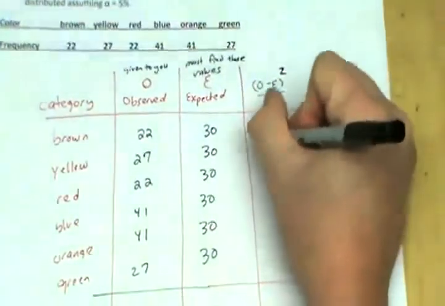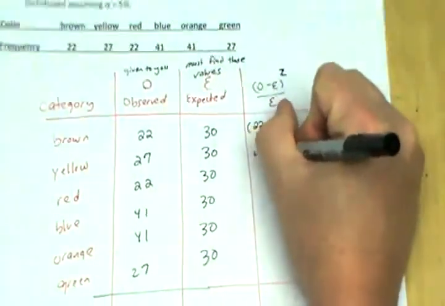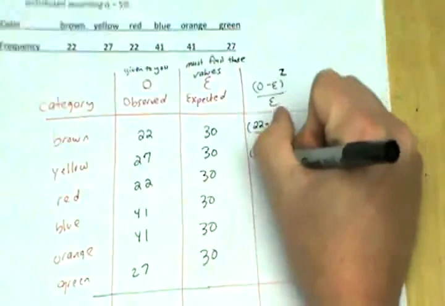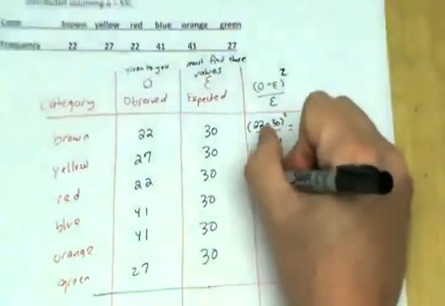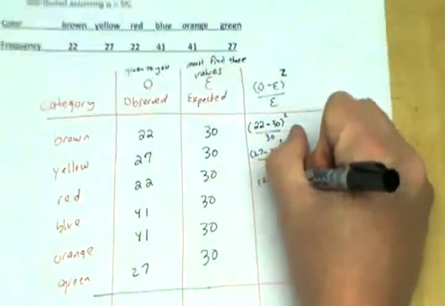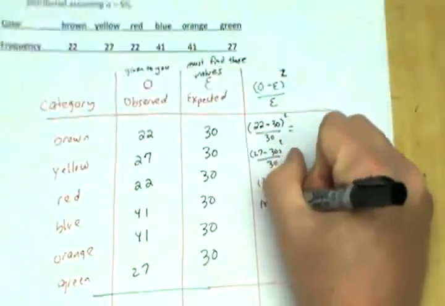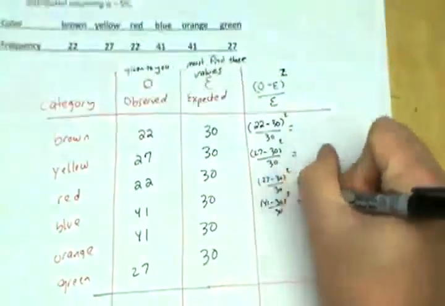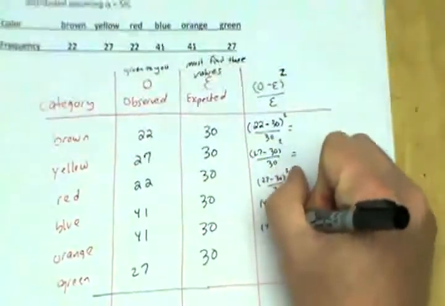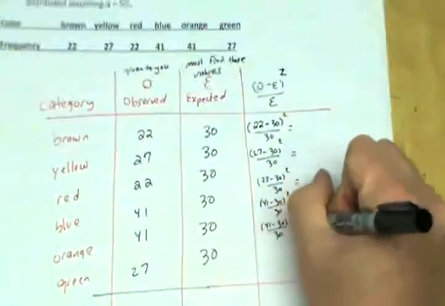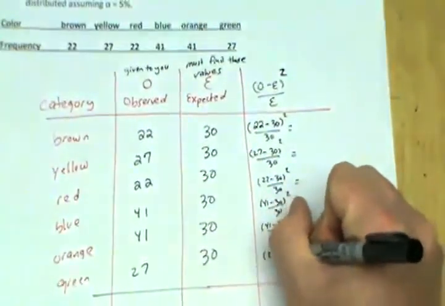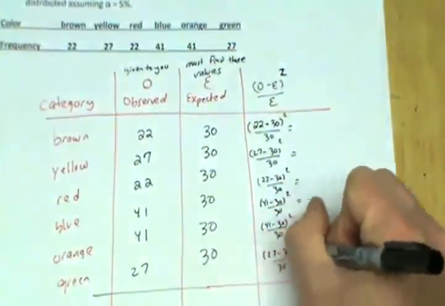We're going to get a value here, and then we're going to do the same thing all the way down for each of these. Observed 27 minus 30 squared over 30. And then 22 minus 30 squared over 30. This one's going to be 41 minus 30 squared over 30. Observed minus expected squared over expected. We're going to find these values in our calculator.